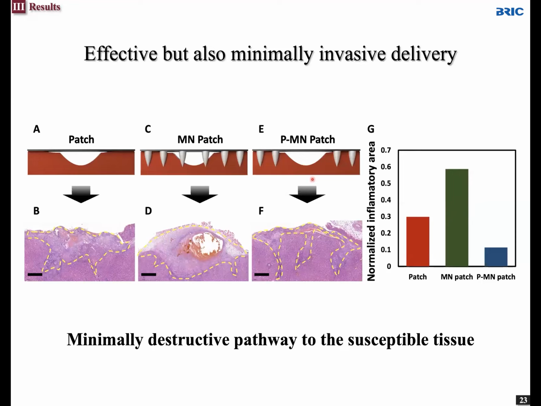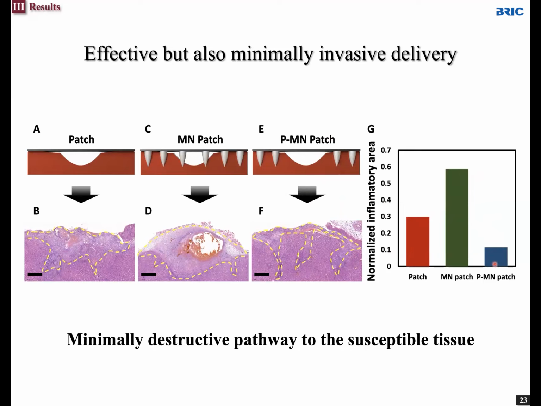On the other hand, our device, the peripheral microneedle patch, delivers the drugs very well but doesn't damage the wound. So it eventually shows better performance in wound healing, leading to one third of the inflammatory response compared to the needle-free patch here, and one sixth of the conventional microneedle patch.